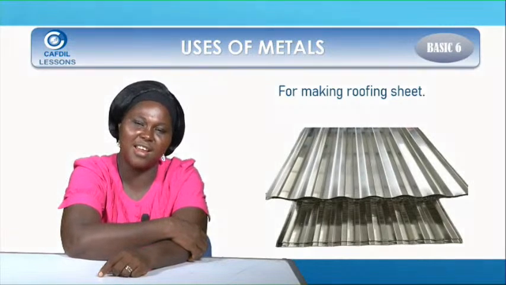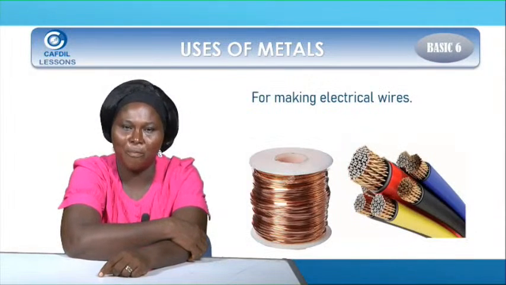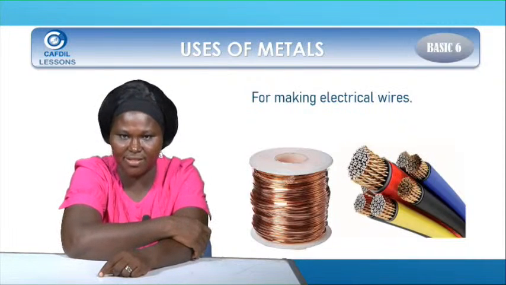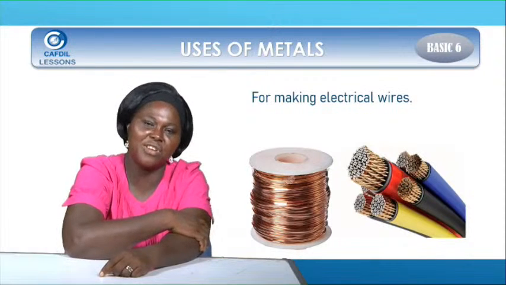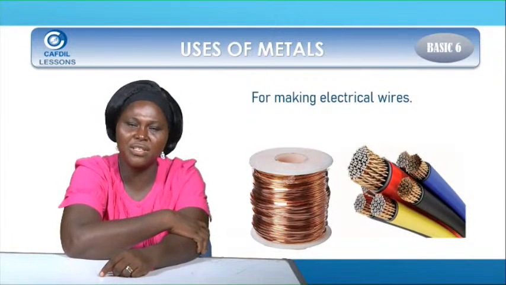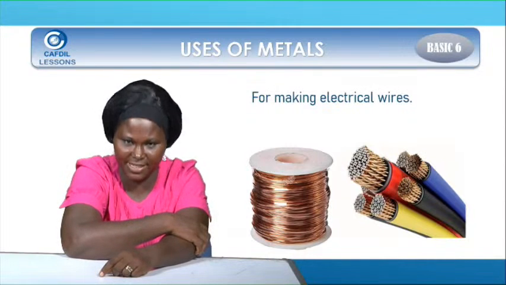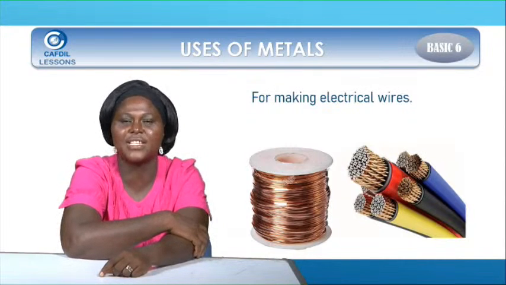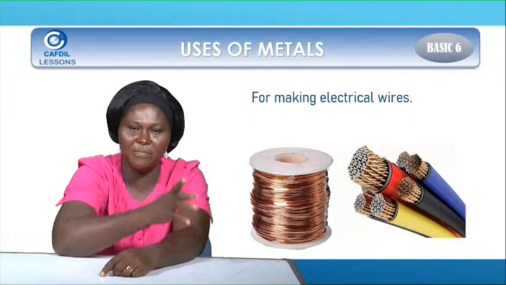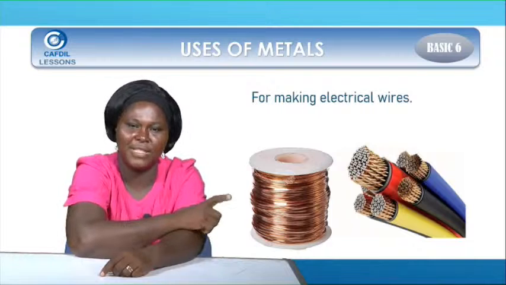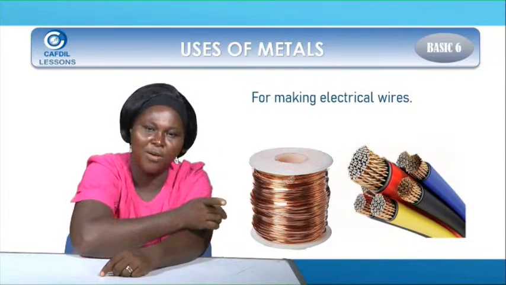Let's look at another use of metals. For making electrical wires. Now we use this to make electrical wires because of its ductility. Because of its ductility, we can shape them into wires. Now this is copper wire, a naked copper wire.